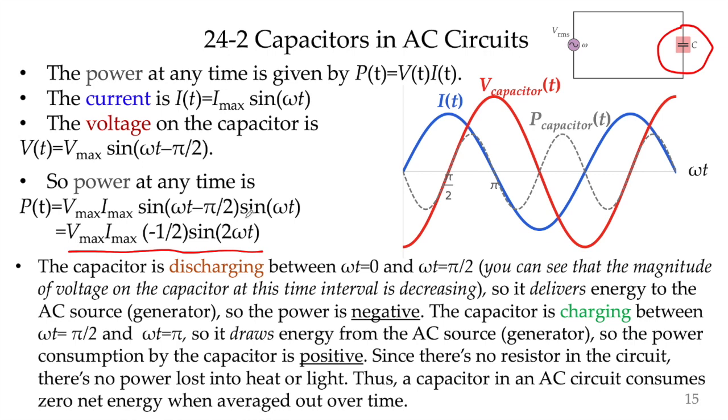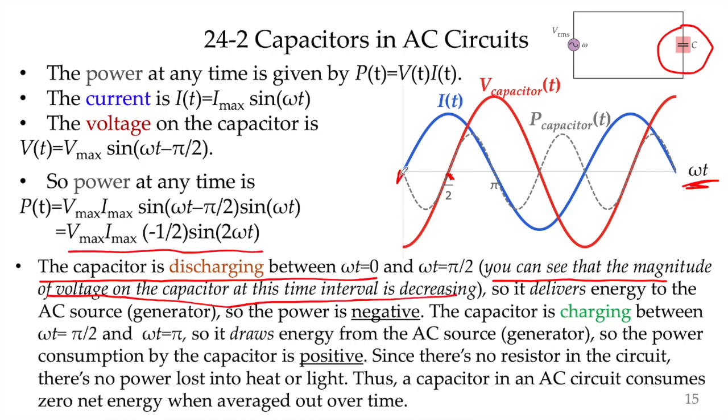So let's read here. The capacitor is discharging between omega t equals 0 and pi over 2. I can plot as just t or omega t, it doesn't matter. So between 0 here and pi over 2, the capacitor is discharging. How do I know it? Because you can see that the magnitude of voltage on the capacitor in this time interval is decreasing.